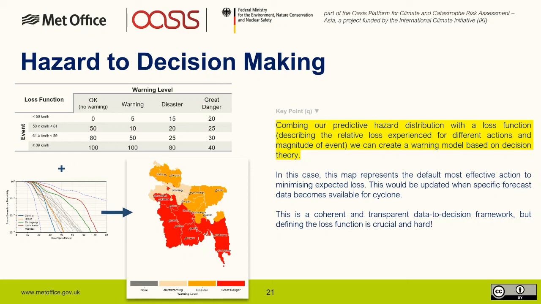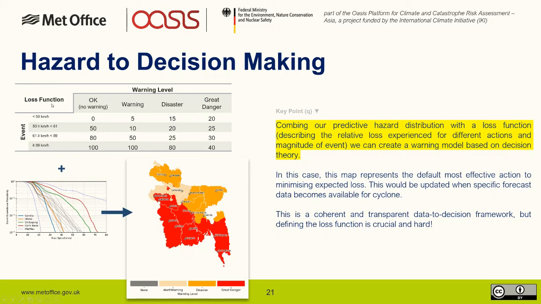In this case, using our GAM data, this warning model represents the most effective default warning that should be issued to minimize the loss based on historic tropical cyclone information. However, when specific forecast information becomes available, the same loss function can be used to issue warnings specific to that forecast. So in this case, our loss function is defined in this table here.